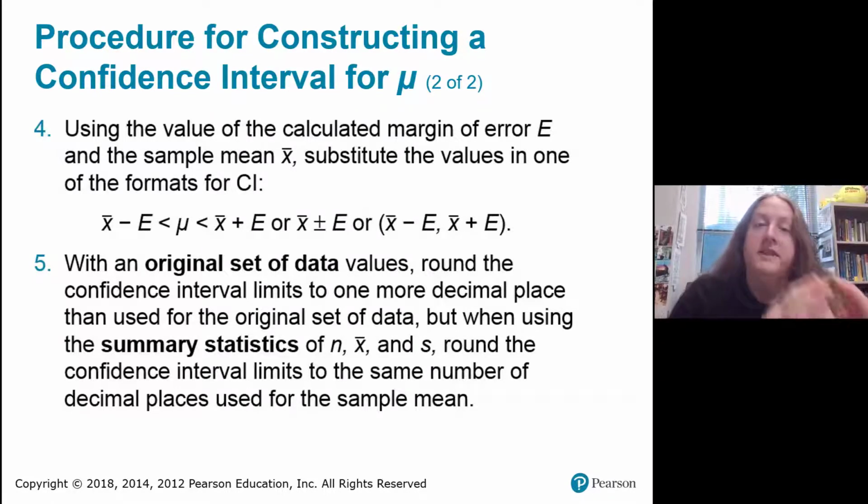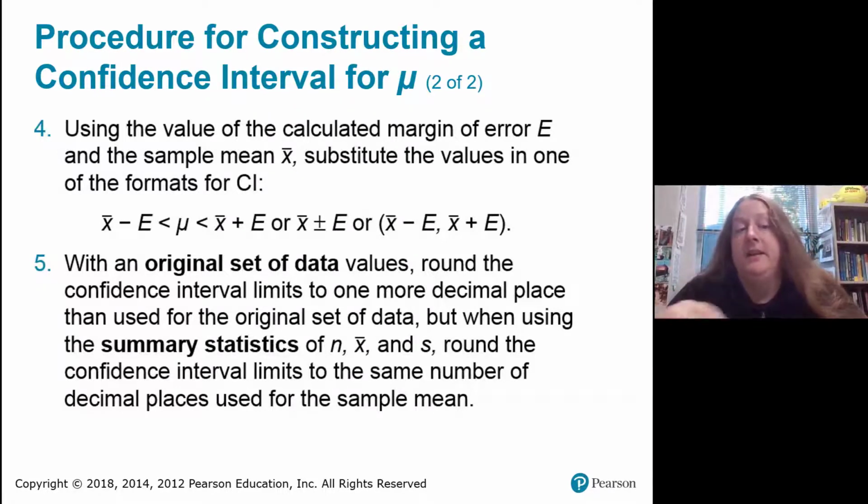We're going to take our sample mean and subtract our margin of error, and that's going to be less than our population mean. And the value that's going to be greater than our population mean will be our sample mean plus our margin of error. So we can report our confidence interval that way, or we can use our sample mean plus or minus our margin of error, or we can use interval notation to denote it.